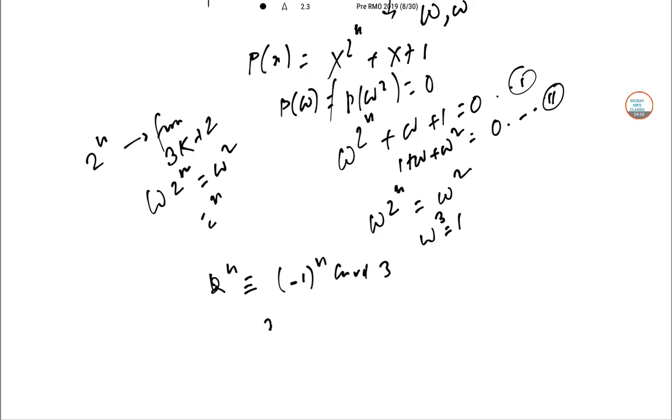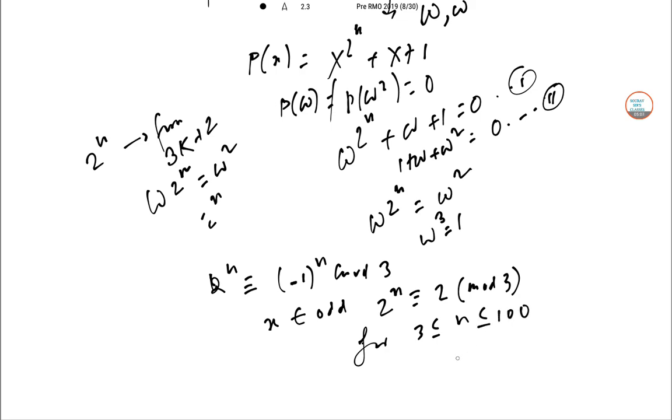So clearly n is an odd number. Now for 3 less than or equal to n less than or equal to 100, there are 49 possible values of n.